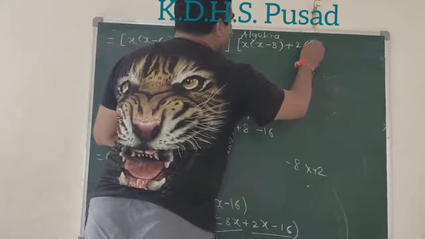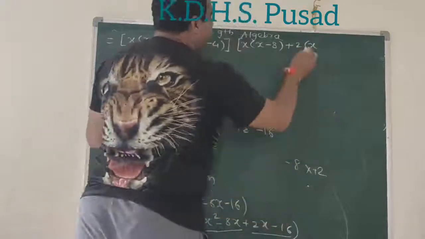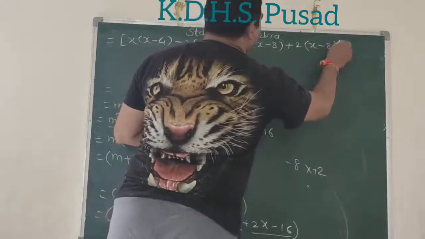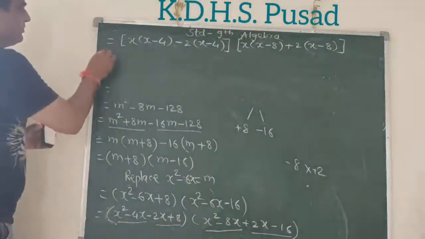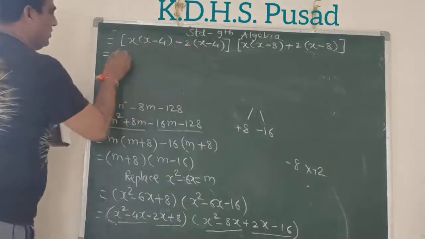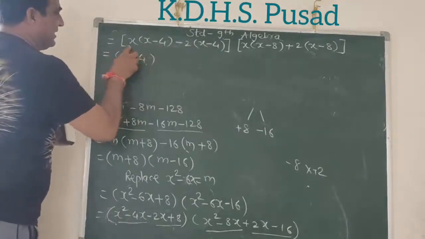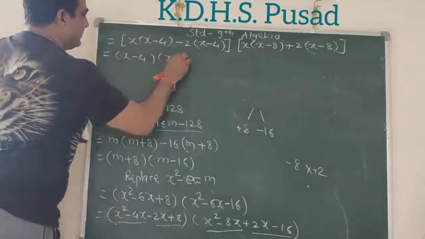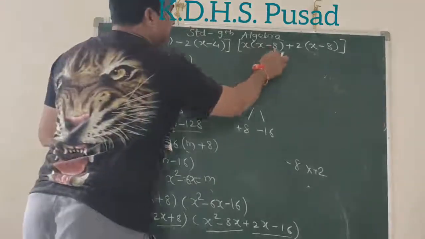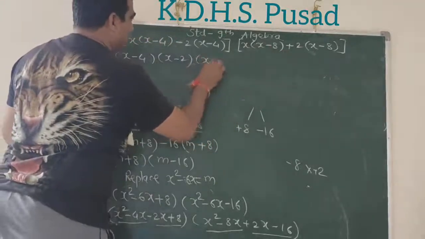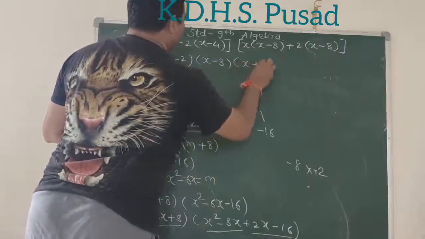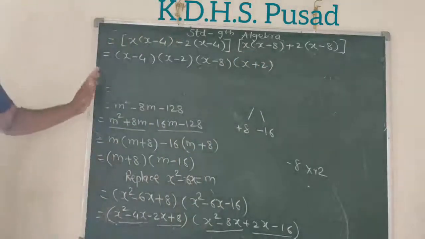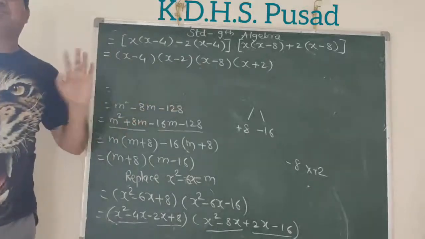So that is x, and this divided by 2, 16 by 2, minus 8. So we have taken common. Now same bracket, write down only once, and these two in the next bracket. So in this way we got all the factors in terms of x.